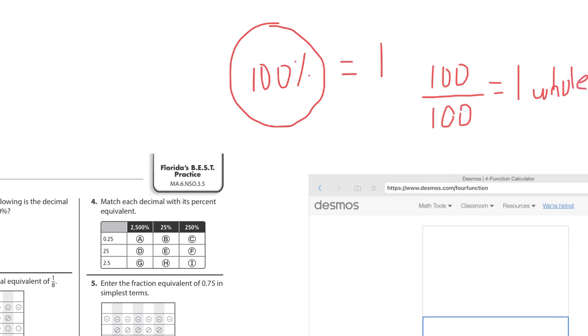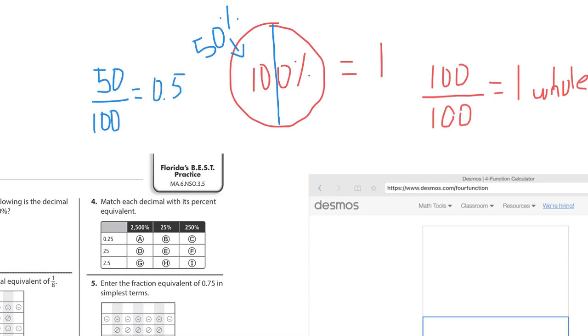So that means that half of this, which is 50%, cannot be 50. It has to be 50 over 100, which is 0.50 as a decimal. That is 50%.